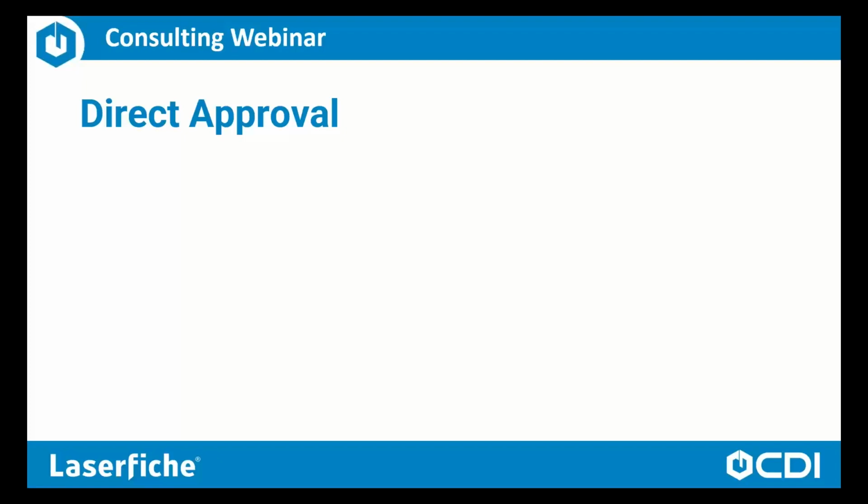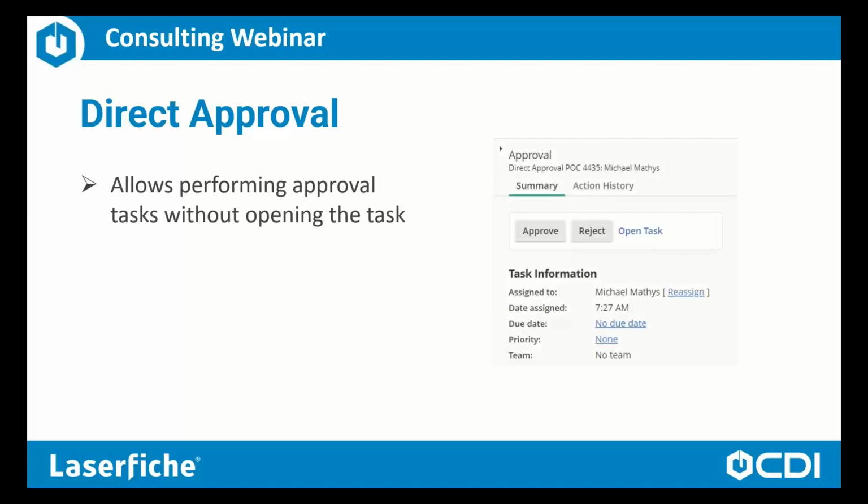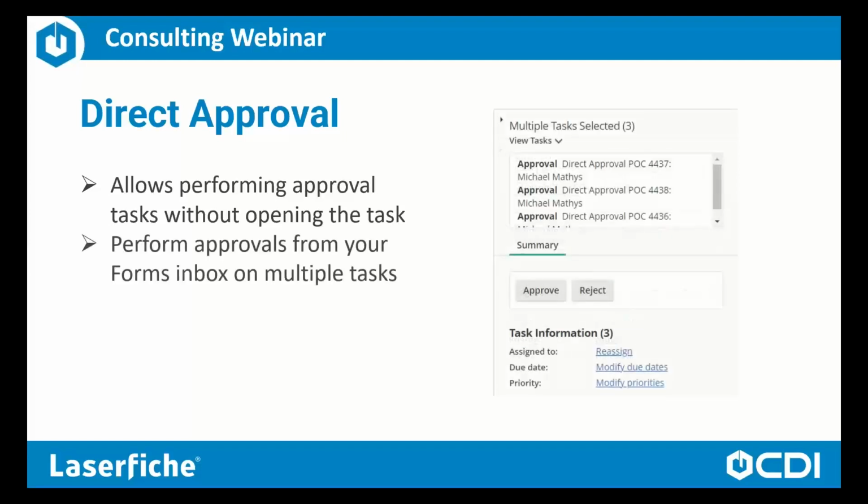Direct approval in Laserfiche Forms allows for performing approval tasks without opening the actual forms task. We can easily approve or reject tasks from our forms inbox, and we can perform bulk approvals on multiple tasks that are assigned to us.